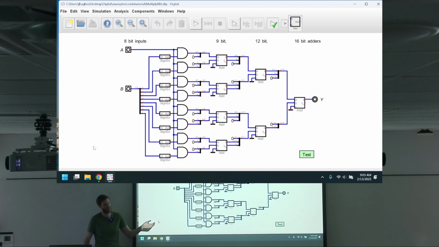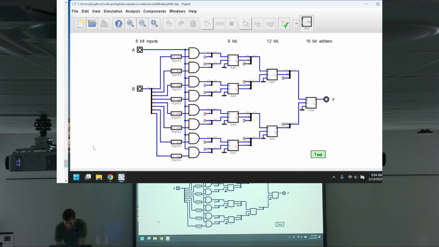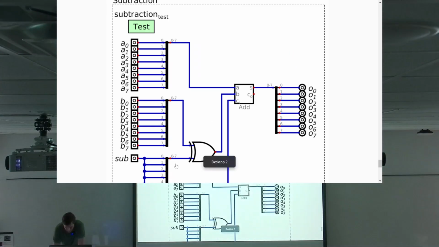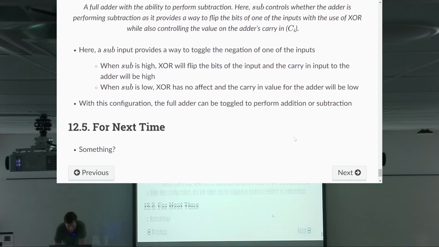It's going to cost a lot more to make a multiplier piece of hardware, but it would make our computers faster. So you can have specialized hardware for certain operations that speed things up, but that could cost you. There's always these considerations. All right.